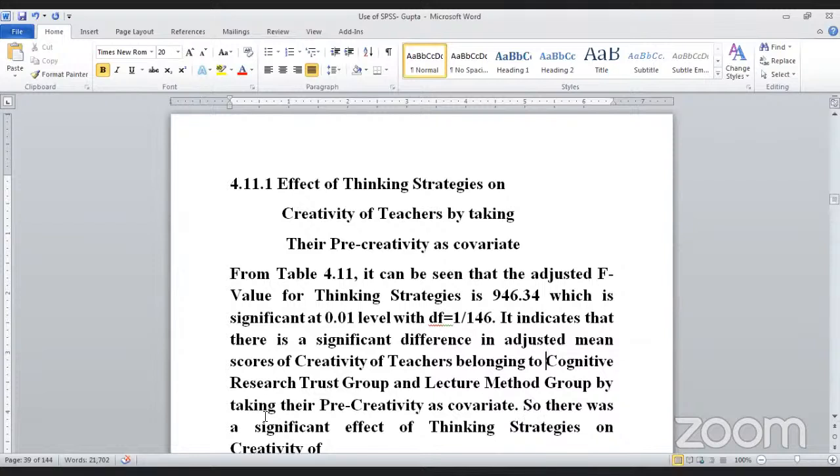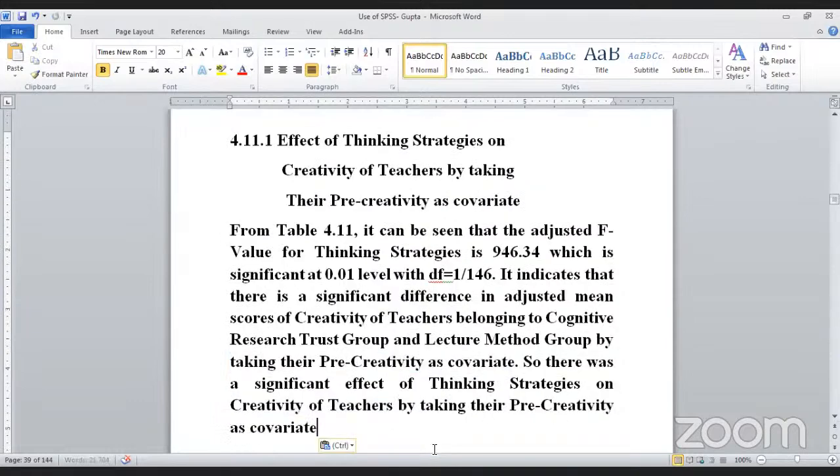So there was no significant effect of thinking strategies on creativity of teachers by taking their pre-creativity as covariate.